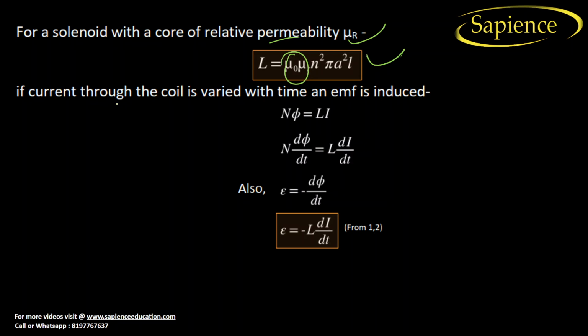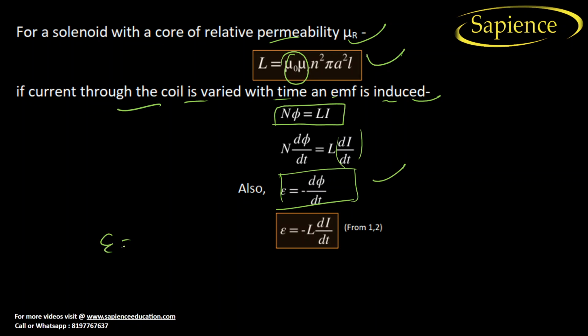Now if the current through the coil is varied with time and EMF is induced, so N phi is equal to LI, and d phi by dt is equal to L dI by dt. So from here EMF is equal to minus d phi by dt, so EMF is equal to minus L dI by dt.